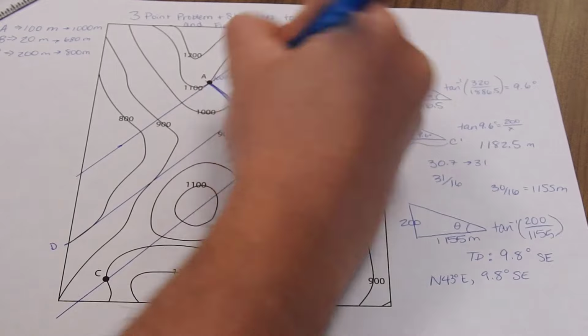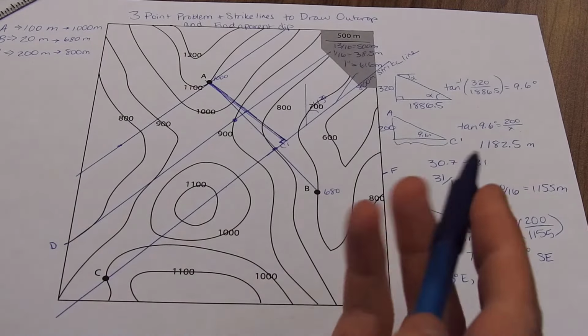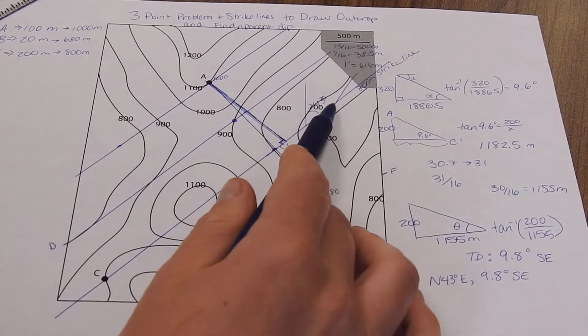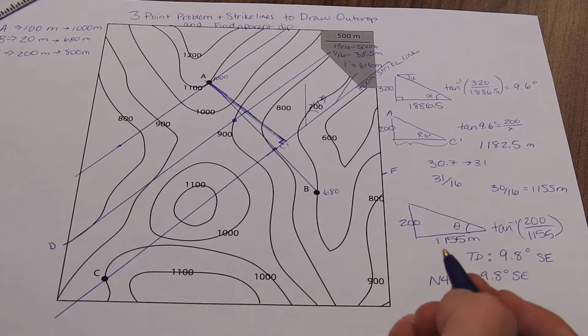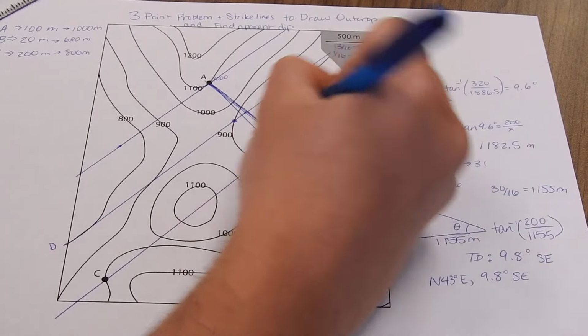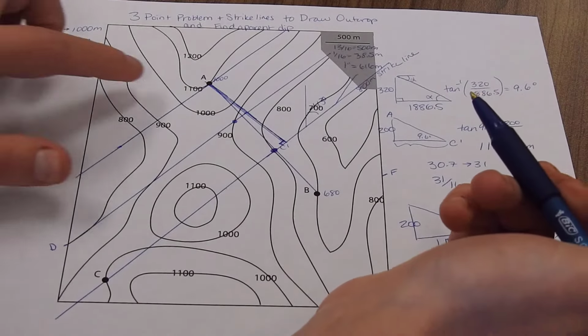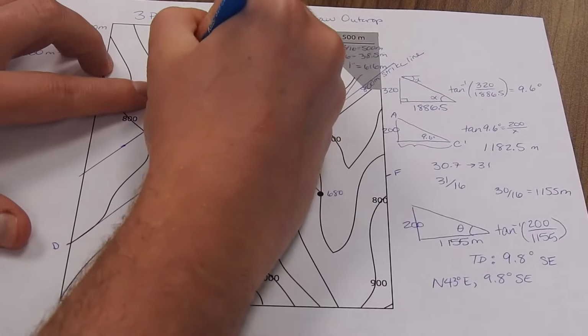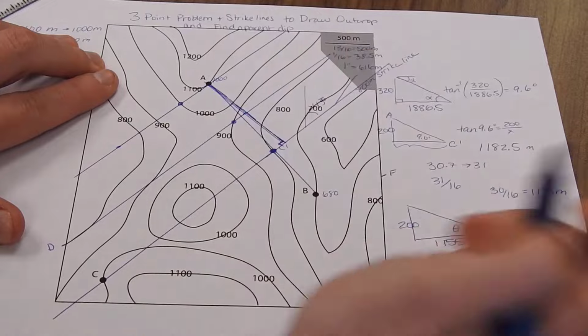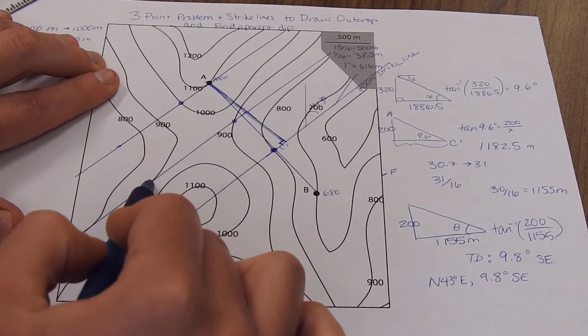And let's assume it's a pretty thin unit, and we're just going to try and draw it in as a line. Same thing over here. Everywhere where we see an 800-meter strike line and an 800-meter elevation, we're going to say that that rock outcrops there. And same thing for 1,000. Okay. 900-meter strike line.